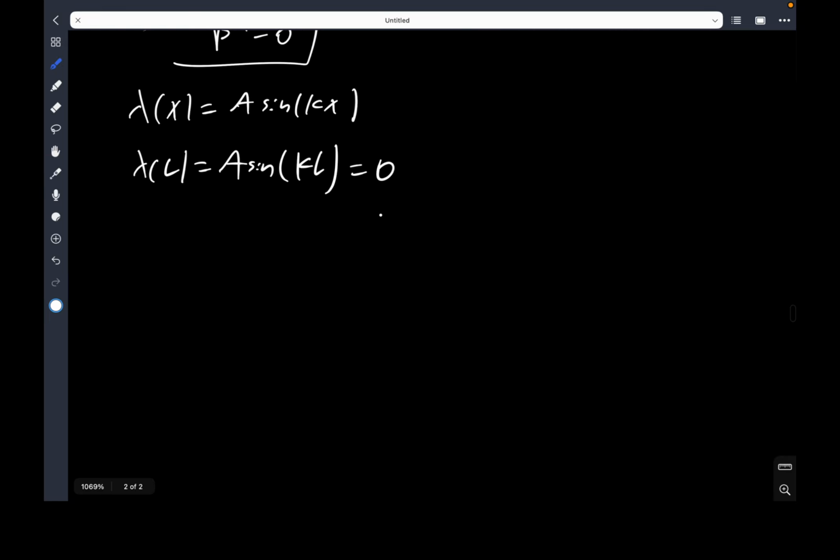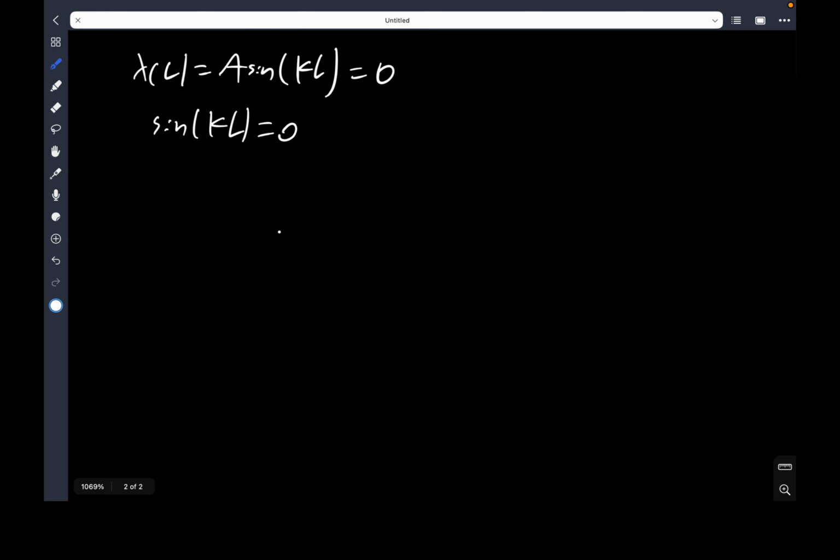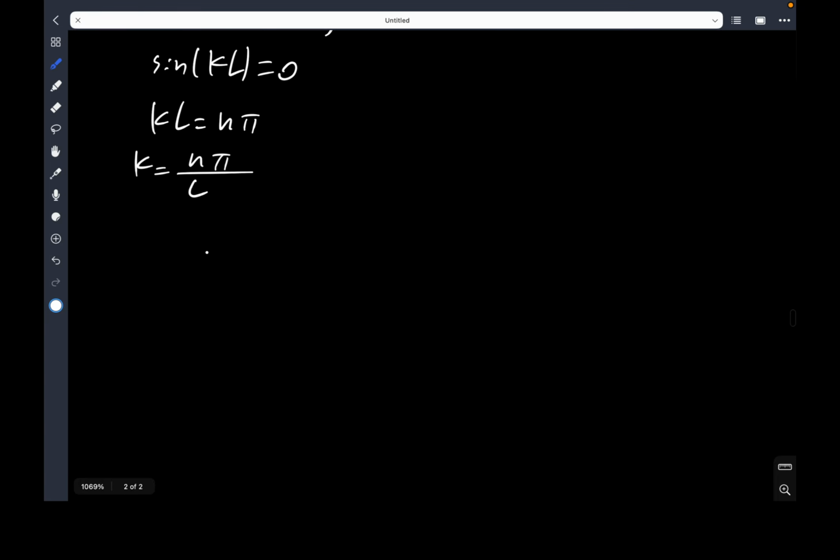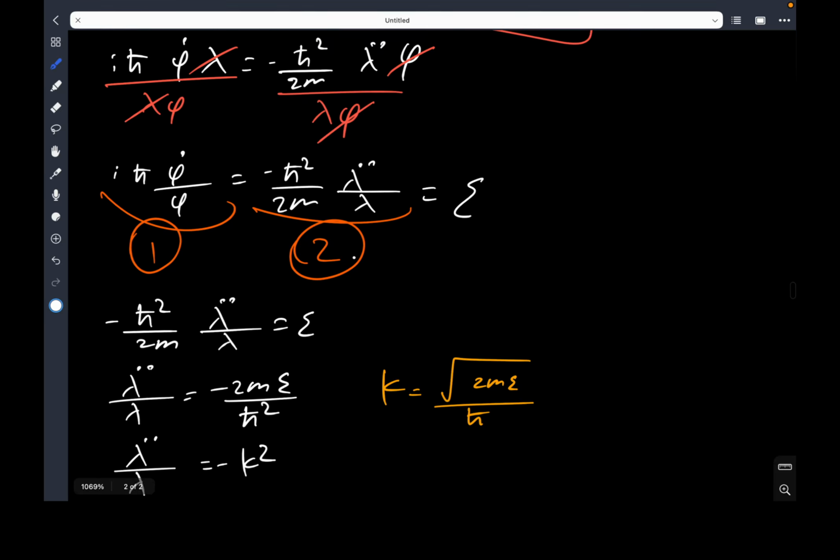And therefore sine of KL is going to be 0, which means that KL should be equal to n pi, any integer times pi, and my K should be equal to n pi over L, and the lambda therefore should be A sine of n pi x over L.